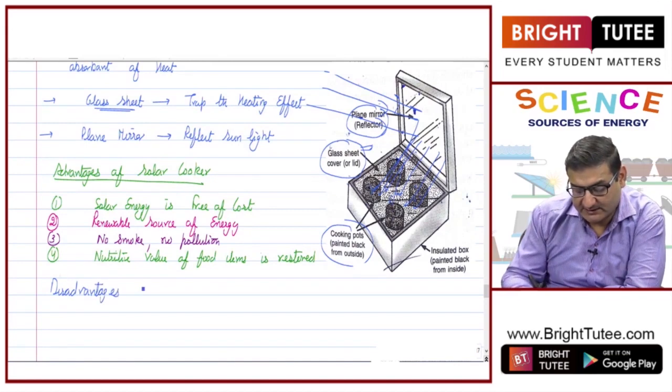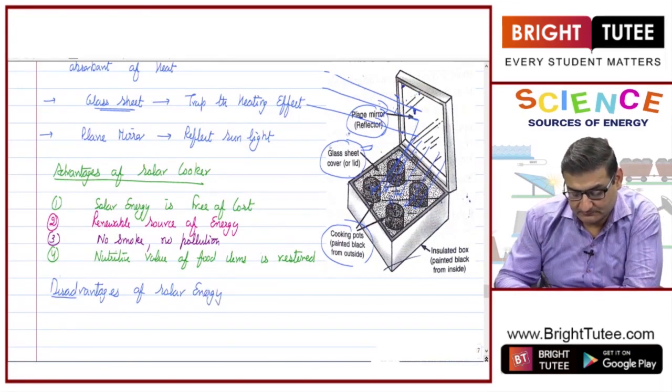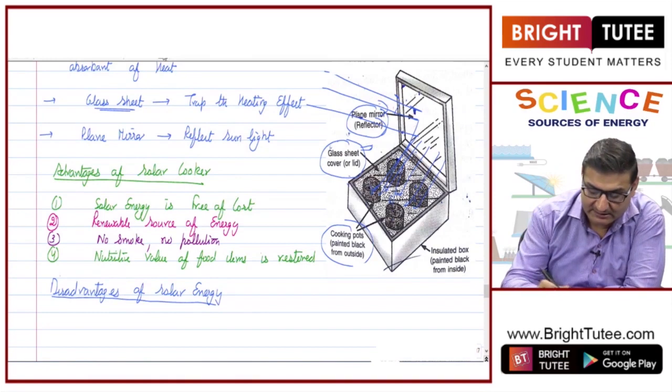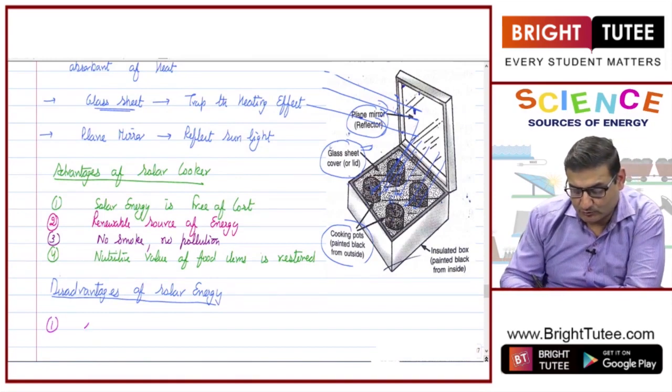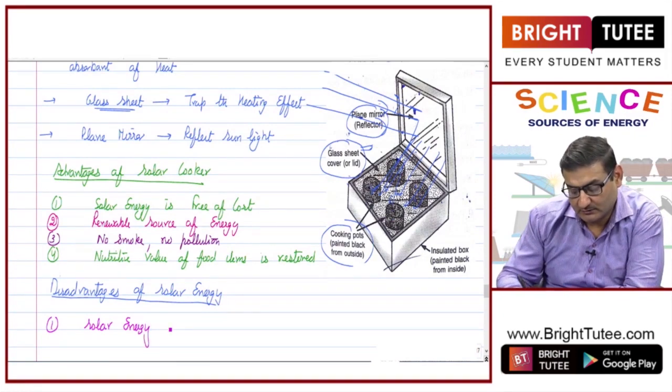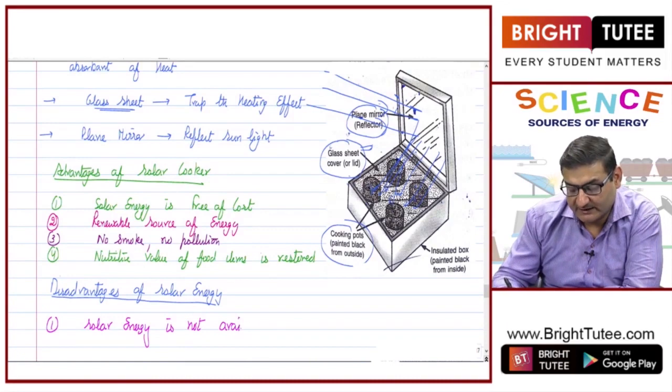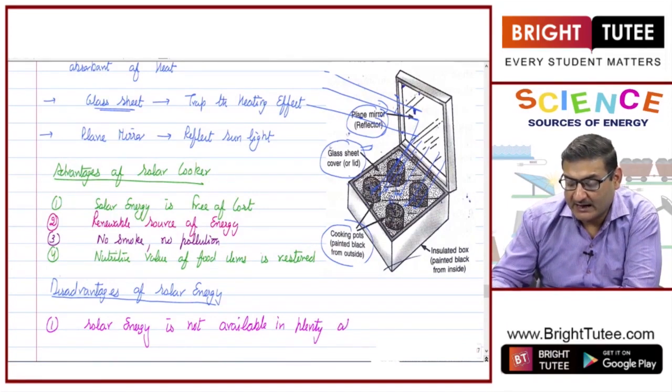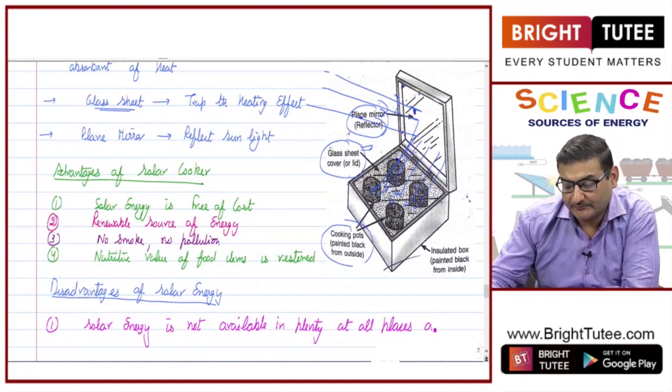The disadvantages of using solar energy. The first foremost disadvantage is that solar energy is not available in plenty at all places and at all times.